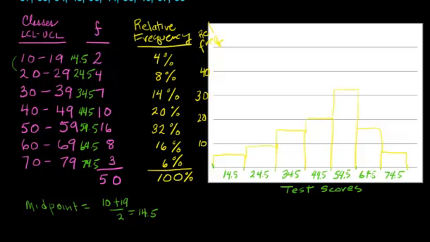So we can see that the data is still taking on that same shape here on our relative frequency histogram.